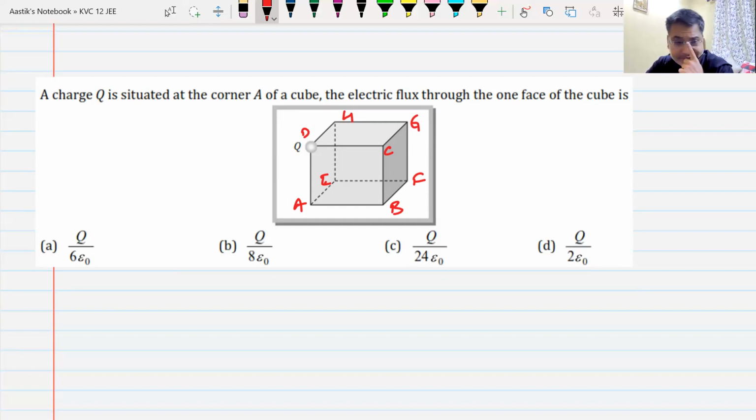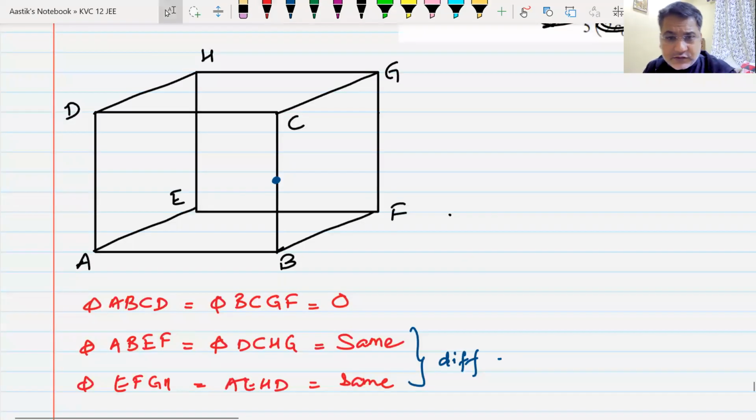I forgot in the previous question, not this one, this one. I forgot to ask you, what is the... Option D. I moved on to this question. I forgot to ask you one question.